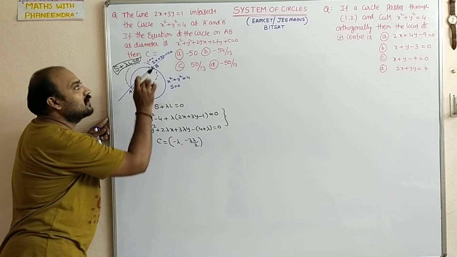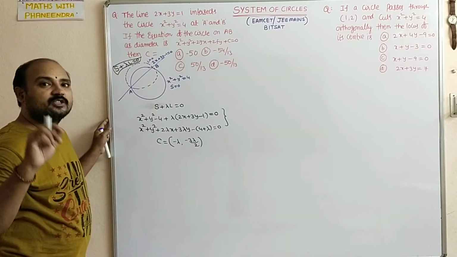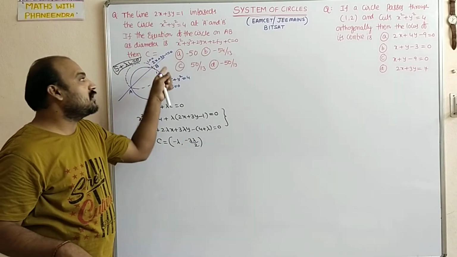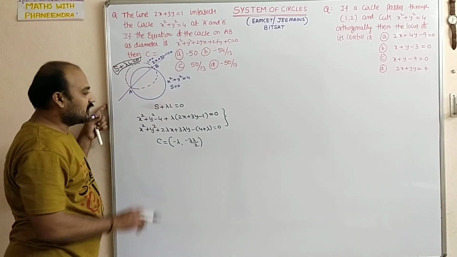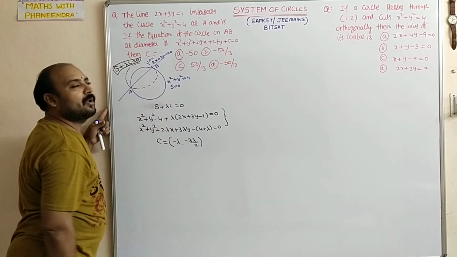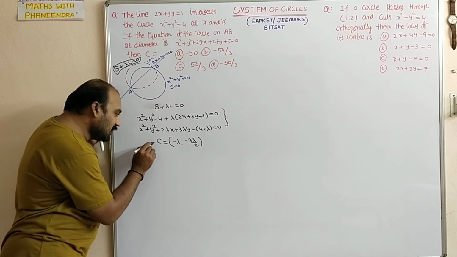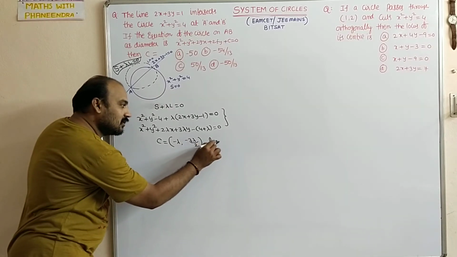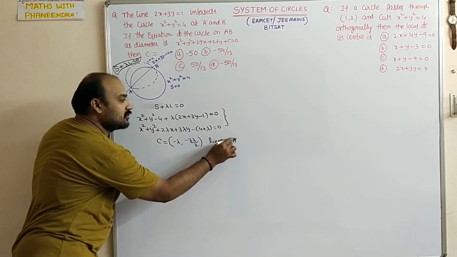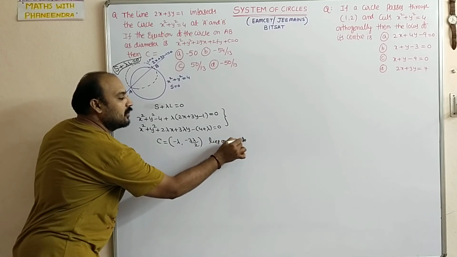Since the line 2x + 3y - 1 = 0, AB, is a diameter of this circle, the center C lies on the AB equation.